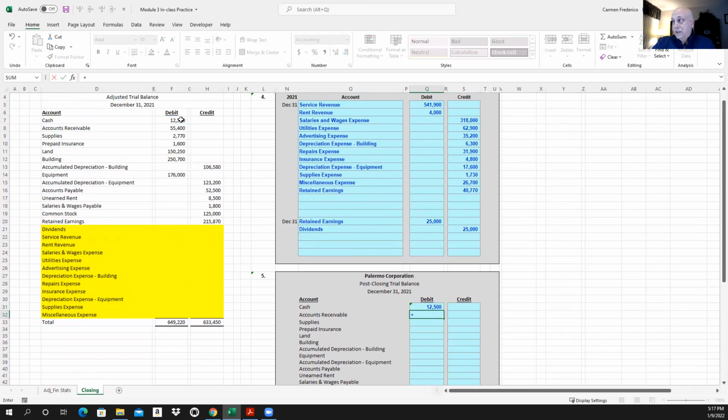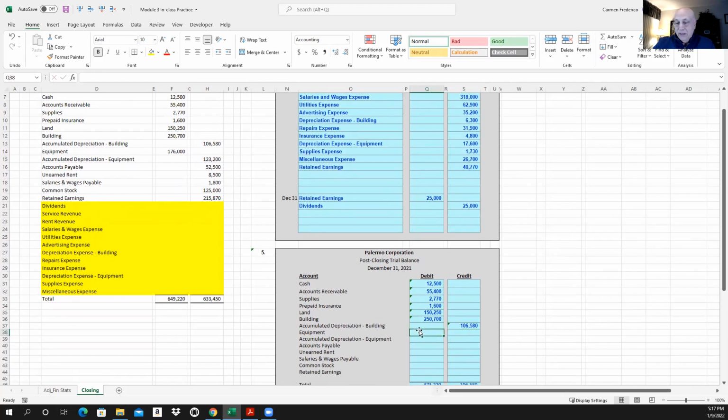We have our accounts receivable of 55,400, supplies 2,770, prepaid insurance 1,600, land 150,250, building 250,700, accumulated depreciation credit balance of 106,580, and then equipment has a debit balance of 176.